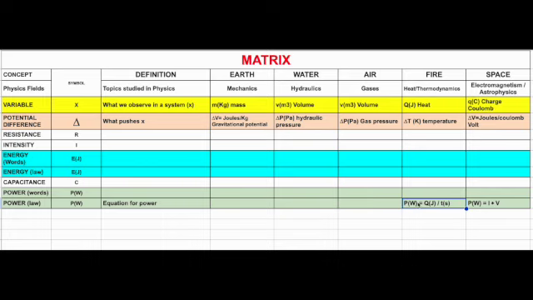Power in thermal physics is definitely just energy over time, the variable divided by time, because energy is what comes from the sun for us. So power is solar power and is heat divided by time, and electric power is charge multiplied by voltage divided by time, therefore voltage multiplied by current.